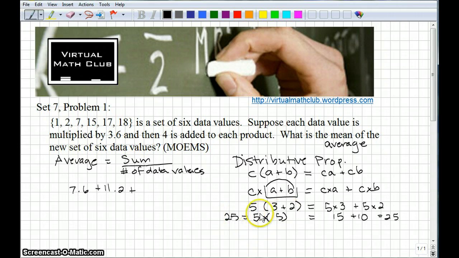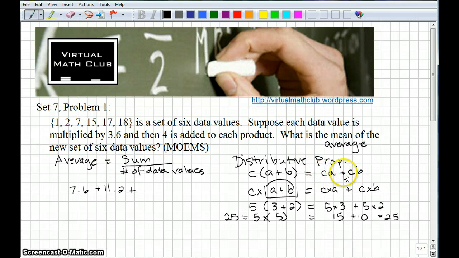So the distributive property is handy, and you can use it even if there's not just two things in your parentheses. You can have a whole list: a plus b plus x plus y plus z. You can have as many things added together within the parentheses, and it still holds that you multiply each thing within the parentheses times c.